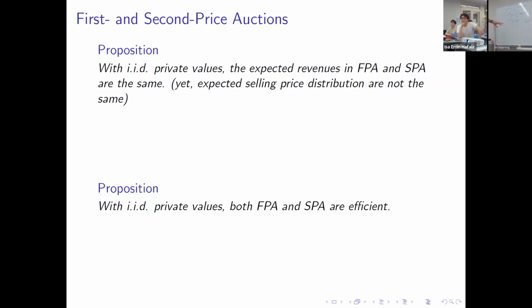Because basically this is my value x, right? And I know that the highest among my opponents is smaller than x. And then I'm thinking of what is the probability that exactly the second highest is here.